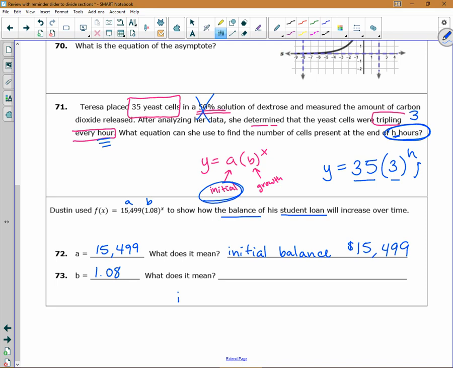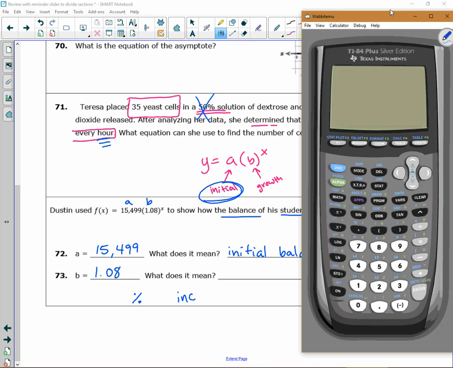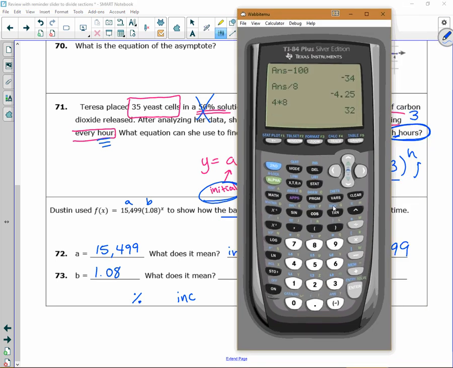So I also know that I want to get it to a percentage. Right now it's in a decimal. I want to figure out what that is as a percentage. So if I take in my calculator and I do 1.08 times 100 to get it to percentage, I get 108%.